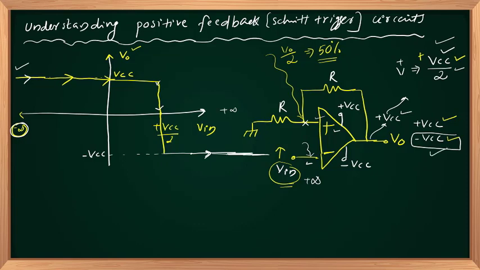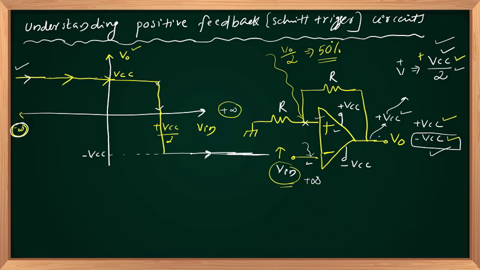Since it is a positive feedback circuit, the output can be either plus VCC or minus VCC. So the output will be at minus VCC if my input is at plus infinity.